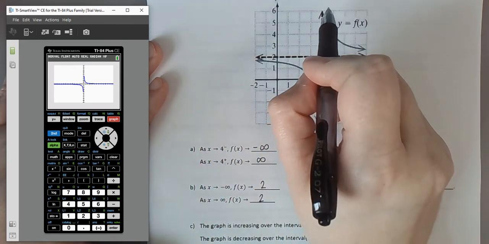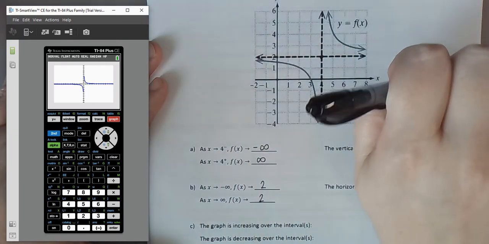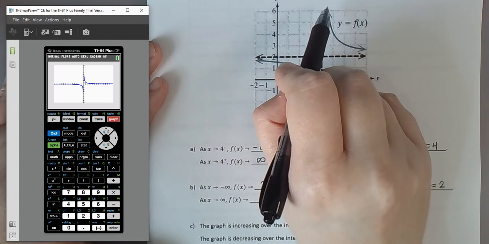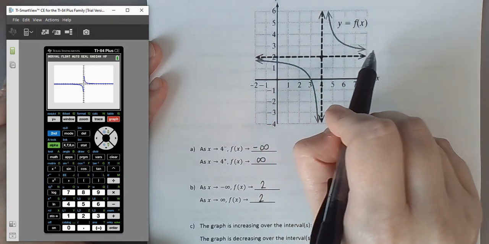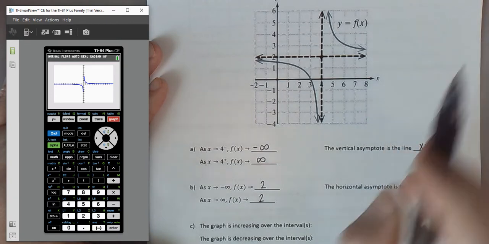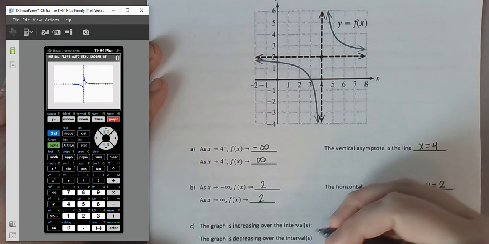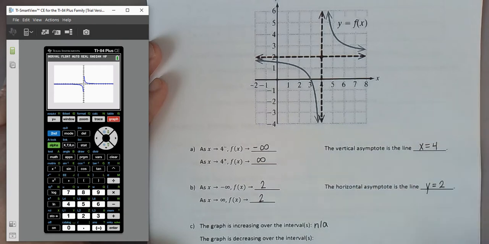Again, forget about this arrow, pretend it's not there. As you go left to right, what's happening? Well, going left to right, this is still a downward slope all the way from left to right. So as it turns out, there's actually nowhere on this graph where our function is increasing.